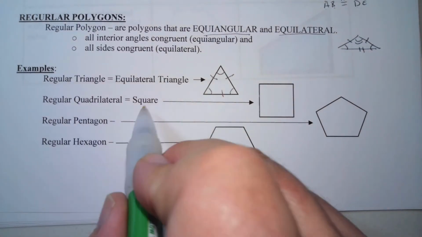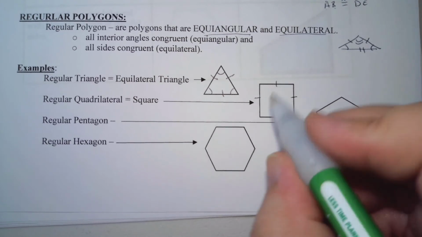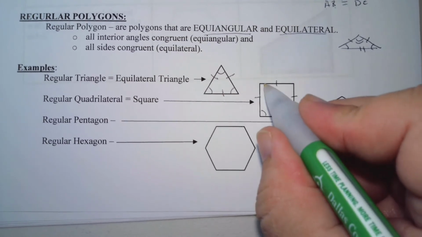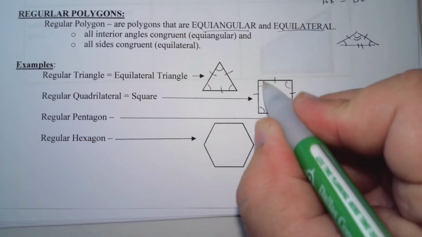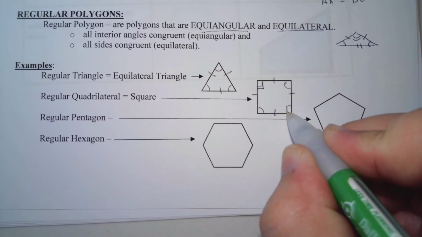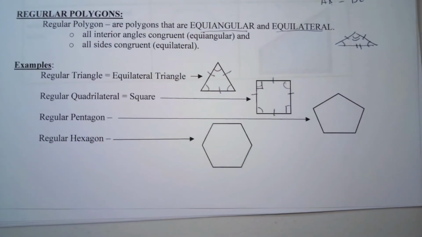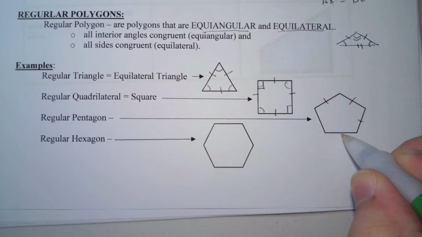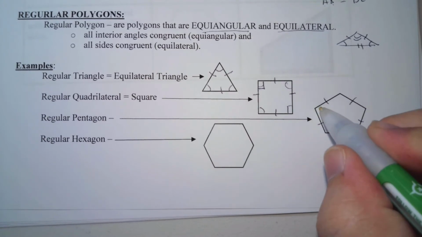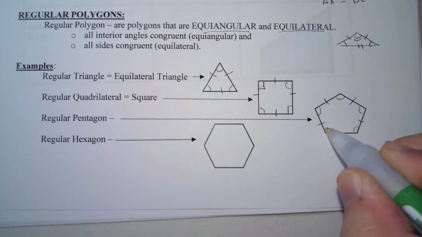Regular quadrilateral, square: all four sides are the same and all four angles are the same. We can either put the angle symbol, or since they're 90-degree angles, we could put that square symbol. Regular pentagon, all five sides are the same length, all five angles at the vertices are the same angle.